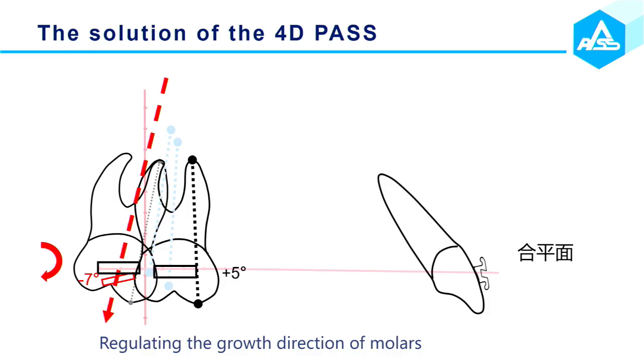Tweed told us if you want to enhance posterior anchorage, you push the posterior teeth back first, then use the backward tipping molar to retract the anterior teeth. But with our technique, you don't need to push the molar back. You just give it a tip-back tipping moment, and it will change the molar forward tipping to backward this way.